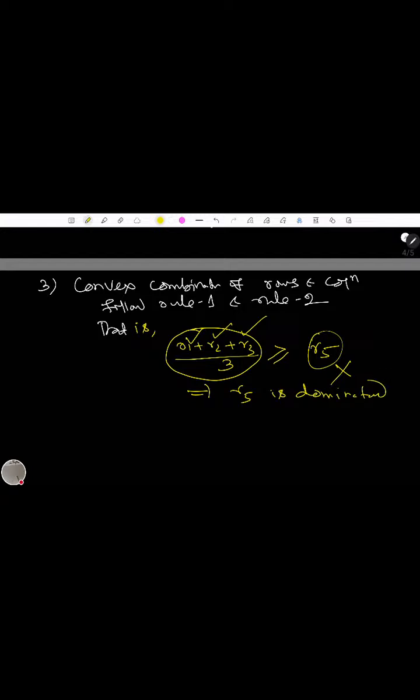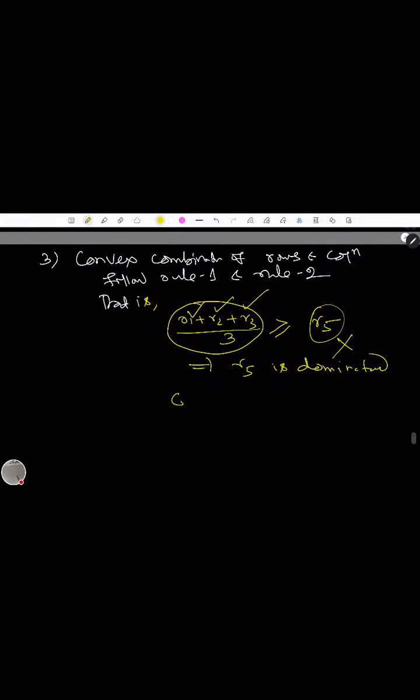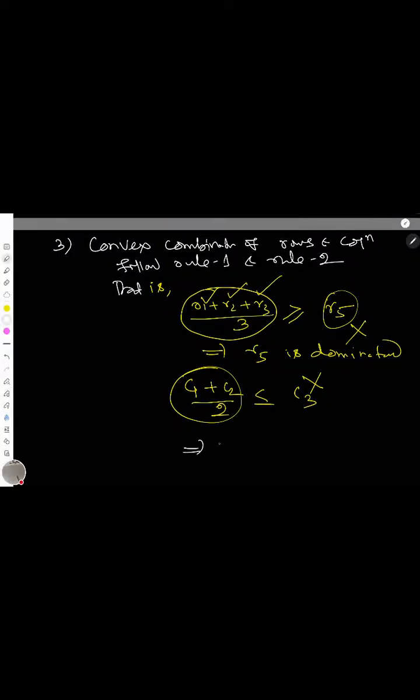Accordingly, suppose C1 plus C2 by 2 is smaller than, suppose, C3. So now this is the smaller column, and this is the larger, so this will be dominated, right? That means C3 is dominated by C1 and C2. So C3 will be removed.